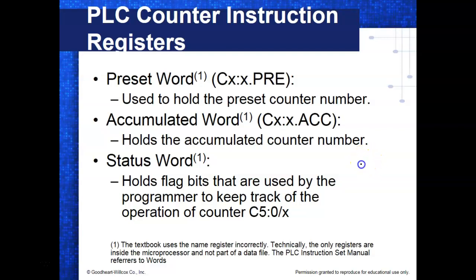So we got a CU flag for an up counter. We got a CD flag for a what? Yeah. Then we have a done, right, which tells us what? Yeah. Well, it's matched. It hasn't really finished. It's matched. The counter will keep counting, right?